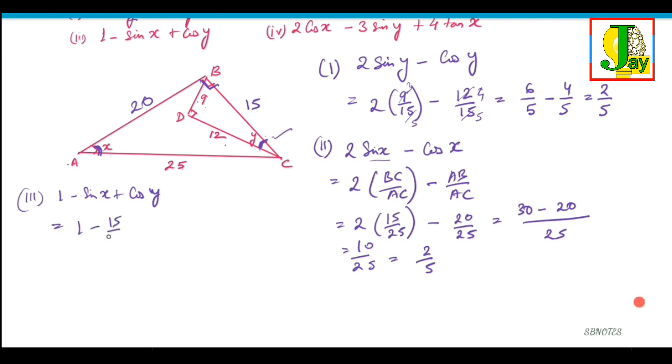So 1 minus 15 by 25 plus cos y, which we found out earlier: cos y is 4 by 5 or 12 by 15. We can write 4 by 5. Now we can simplify this. The LCM is 5.